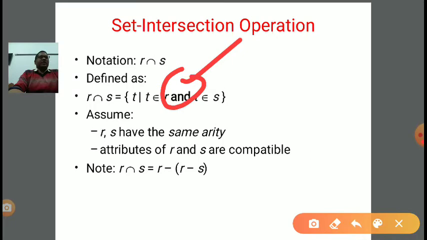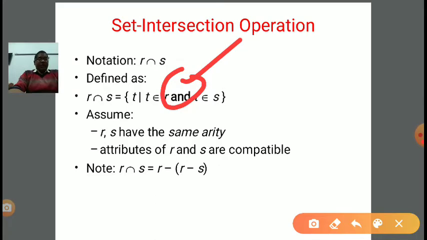Compatible means, suppose the second attribute or second column in the first relation is related to customer name, then in the second relation also the second column should be related to customer name. There should be compatibility between relations R and S and their attributes.